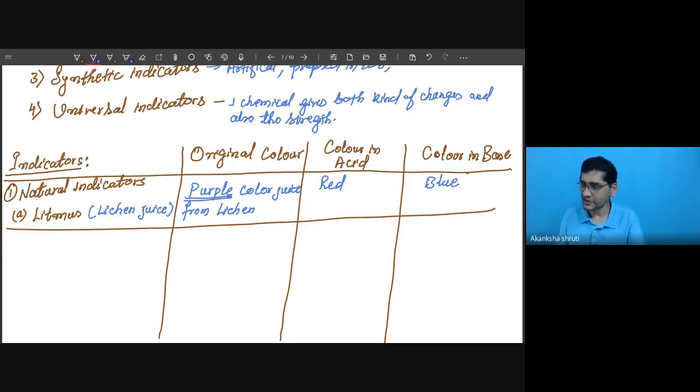So this is the color change for the pure litmus juice. One may take this turmeric, take the other one as turmeric.